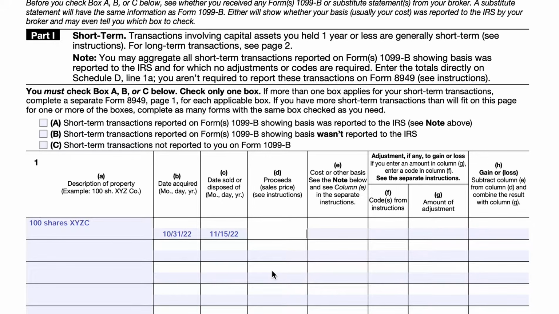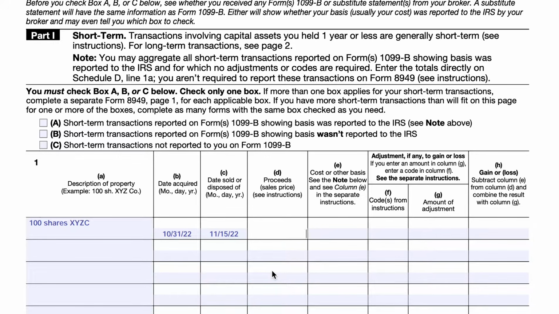In column D, if you did not receive a 1099-B or 1099-S, then you will enter the net proceeds for the sale. And the net proceeds equal the gross proceeds minus any selling expenses such as brokerage fees, commissions, things of that nature. If you did receive a 1099-B, then you would enter the proceeds shown.